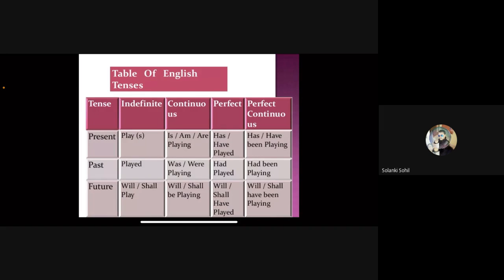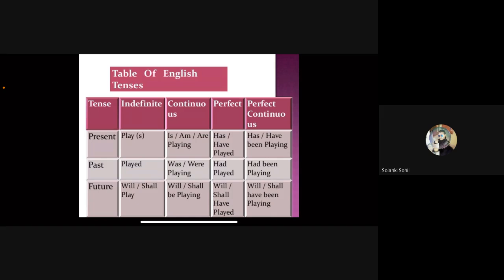Continuous was, were playing. Perfect had played. Perfect continuous had been playing. Future indefinite will, shall play. Continuous will, shall be playing. Perfect will, shall have played. Perfect continuous will, shall have been playing.